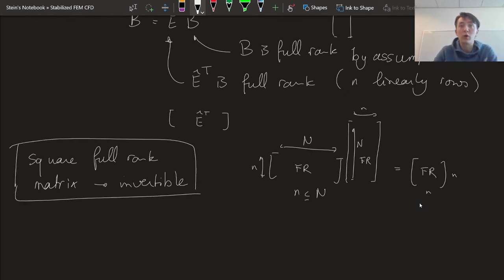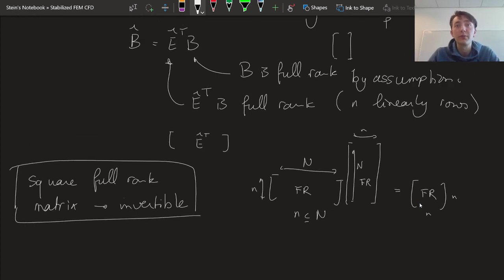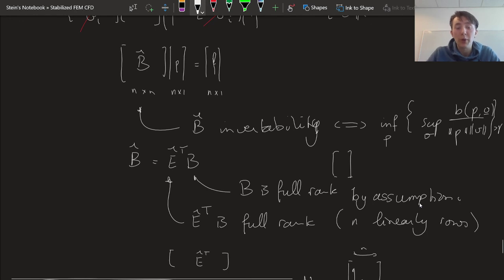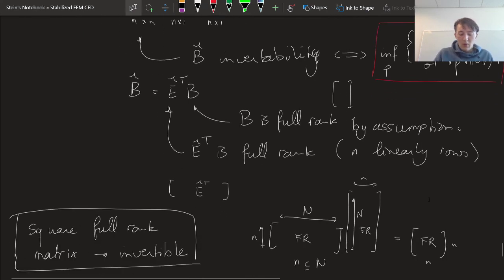Now that's a very core concept of linear algebra. If a matrix is square and it is full rank, it is invertible, and any invertible matrix is square and full rank. So this goes both ways, meaning that it is a necessary and sufficient condition. So then coming to the punchline here, what does the Inf-sup condition then mean? Well, the bottom line here is by construction, so there's nothing that's going to tell us extra.